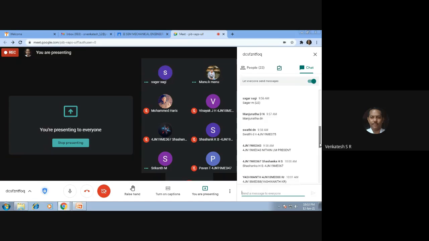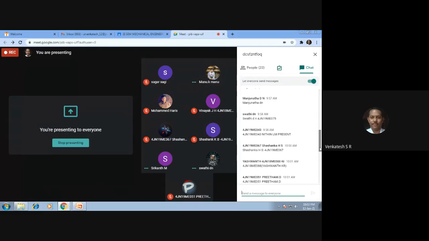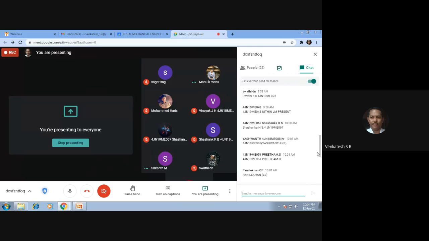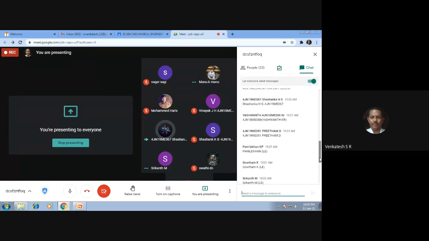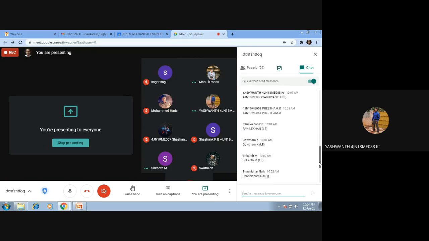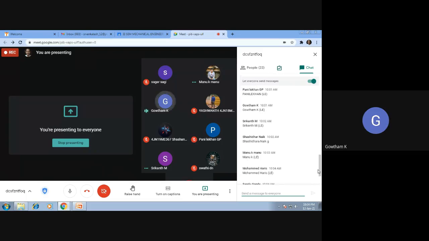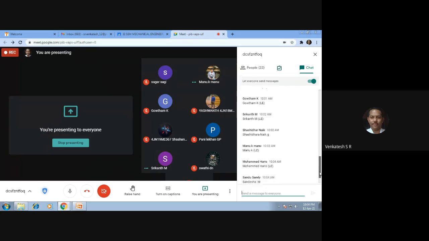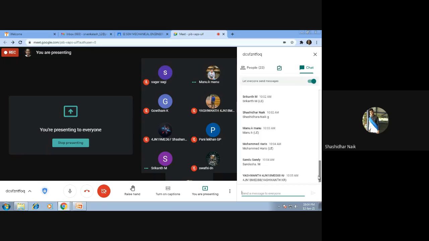Manjunath DN, Swati DN, present, sir. Nitin LM, Shashank HS, present, sir. Yashwant, yes, sir. Srikanth B, Gautam, yes, sir. Srikanth M, present, sir. Shashidhar Naik, yes, sir. Manu, present, sir.